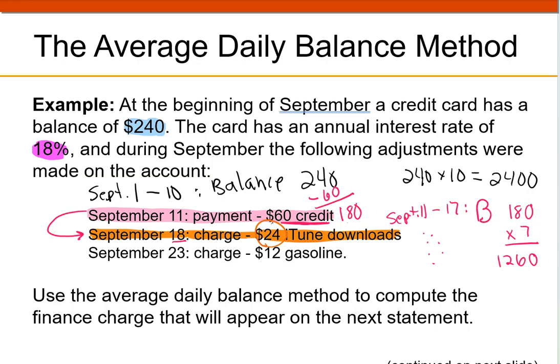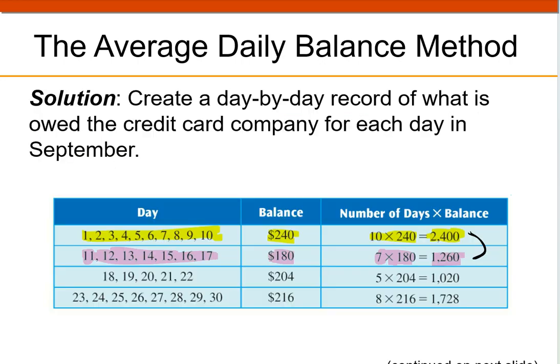So our 180 balance is now going to go up by $24. That's going to take me to $204. And they'll show that on the next slide. Here's the orange. Okay, so on the 18th, you made a charge of $24. So your 180 is now up to 204.